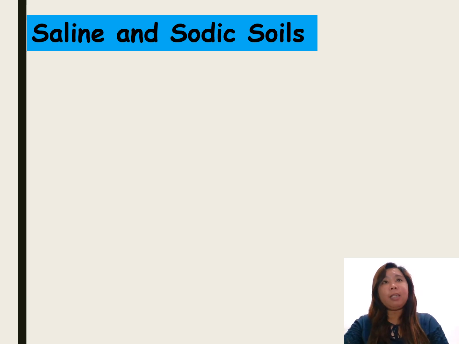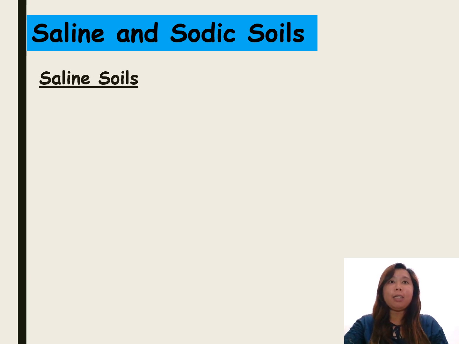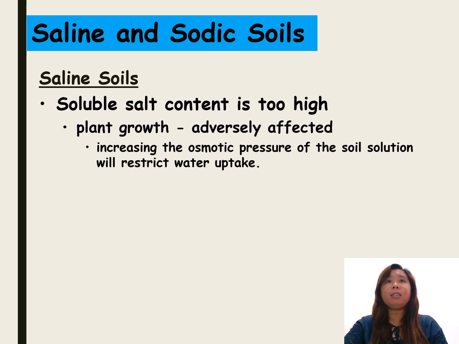Now, let's take a look at what they call saline and sodic soils. Saline soils are soils having too high content of soluble salt. And this too high content of soluble salt can adversely affect plant growth because the increasing osmotic pressure of soil solution can restrict water uptake.